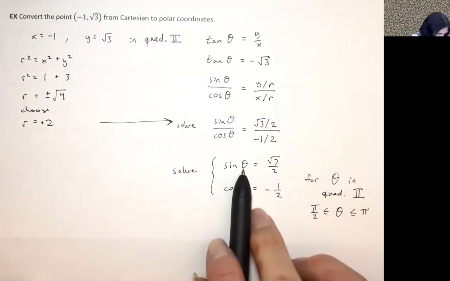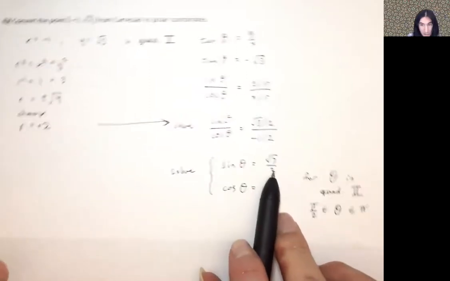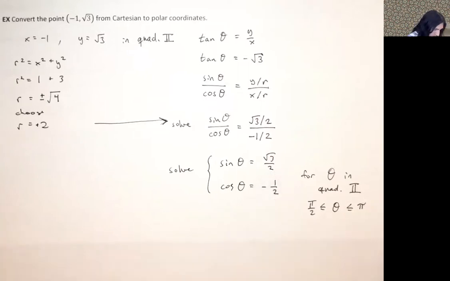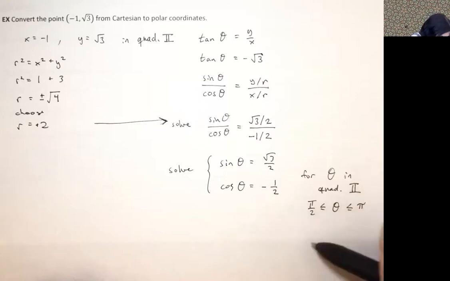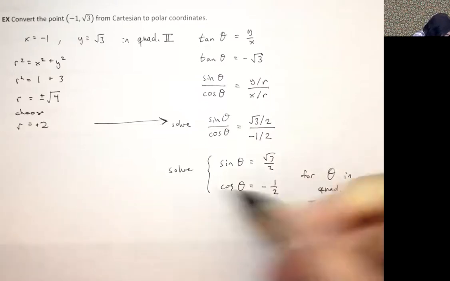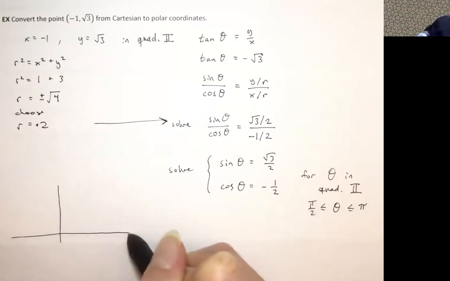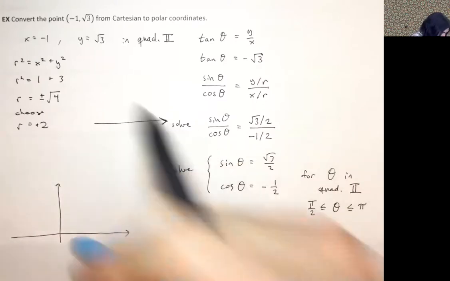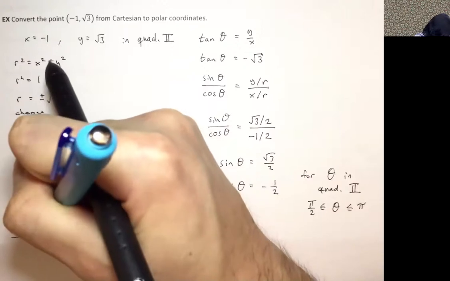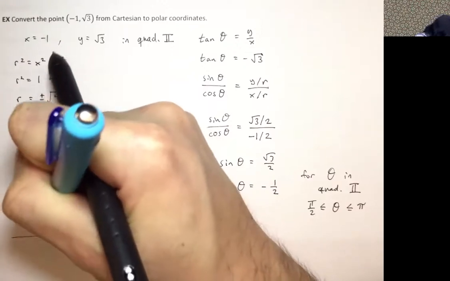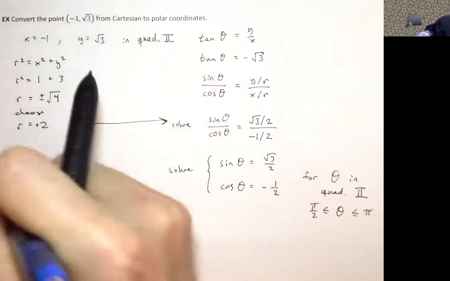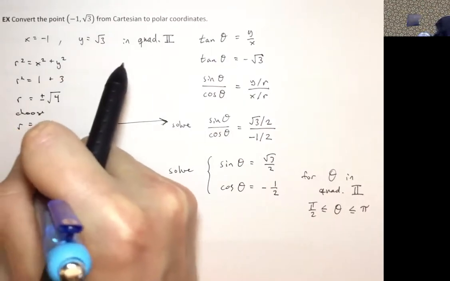Okay, and if we do that, we can know which ones we actually want. So sine of theta equal to √3 over 2 happens at pi over 3. Remember, our picture is actually going to want to look something like this. Let's move over here. And we've got our point (-1, √3) over here in quadrant 2.